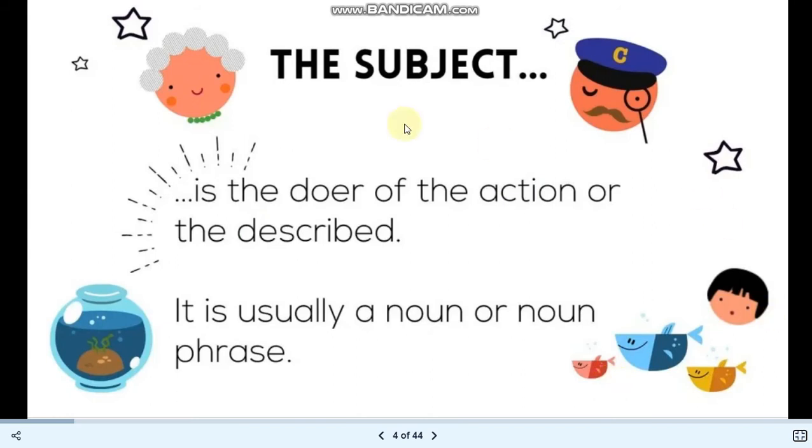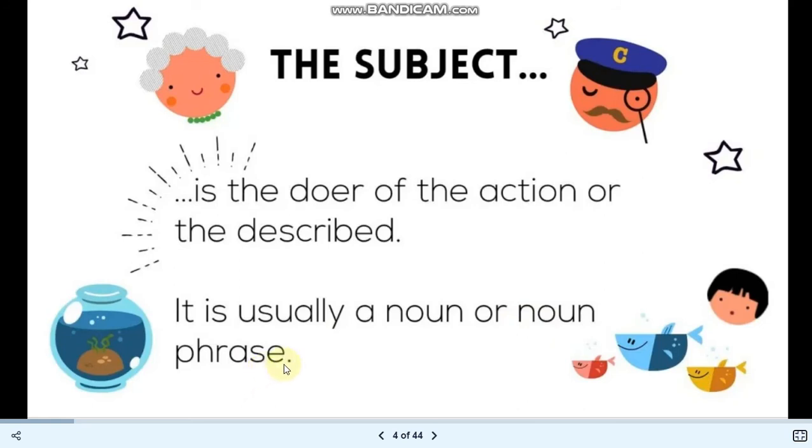So what is the subject, teacher? The subject is the doer of the action or the one being described. As you can see from these pictures, it can be a thing, a person, a woman, a man, a child, or an animal. So it is usually a noun or noun phrase. What does it mean, noun phrase?